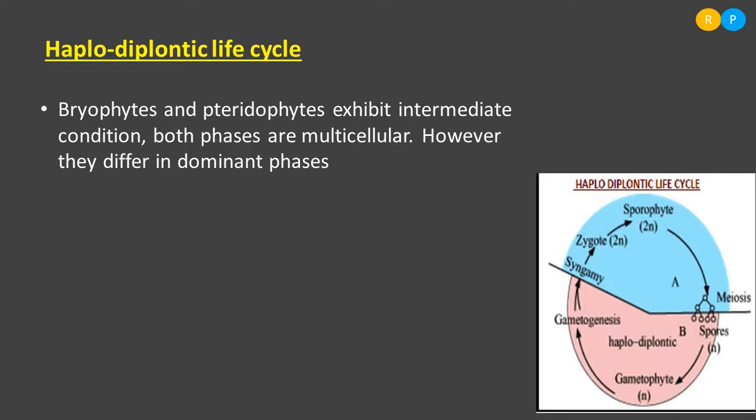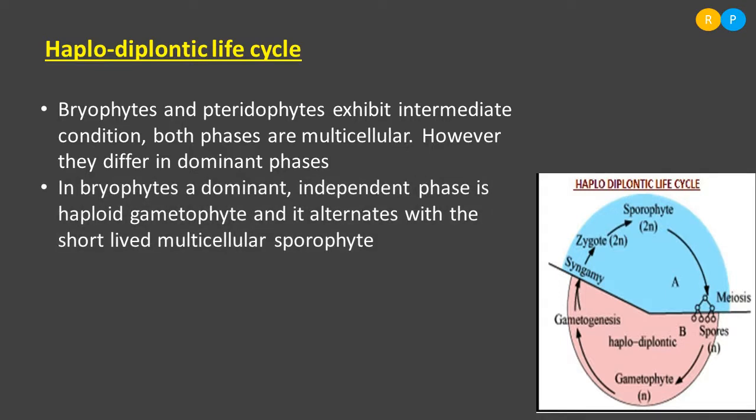Let us first see how the haplodiplontic life cycle is there in bryophytes. In bryophytes, the dominant independent phase is haploid gametophyte. If you go to the bryophyte characteristic features, you can see the main plant there. The main plant in bryophytes is the gametophytic plant. The gametophytic plant is independent and it is the photosynthetic phase of the plant.